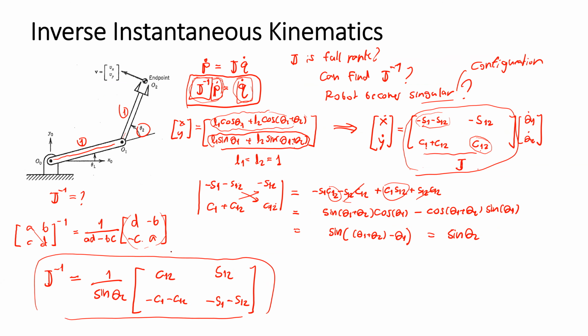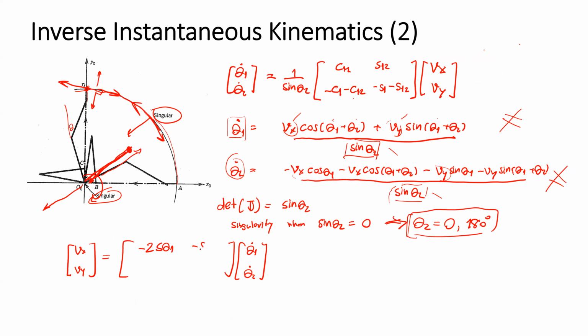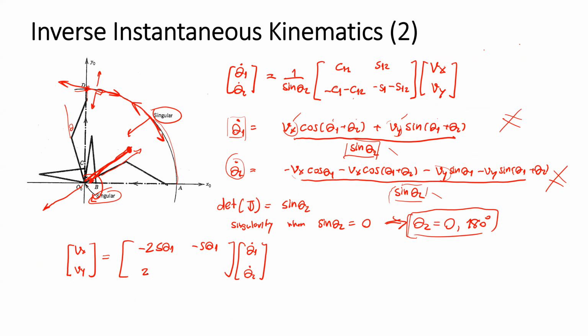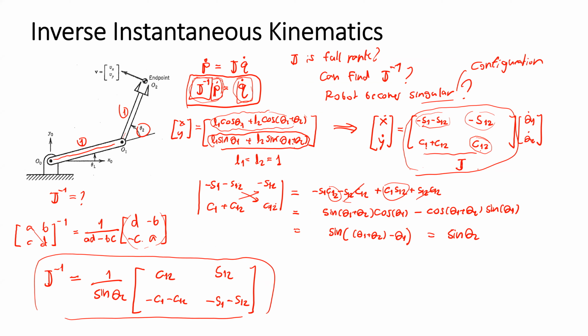If joint 2, theta 2, becomes 0, this will be minus S1. And this is going to be cos theta 1 plus cos theta 1, and this is going to be cos theta 1.